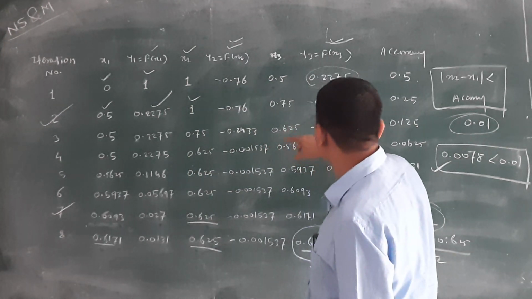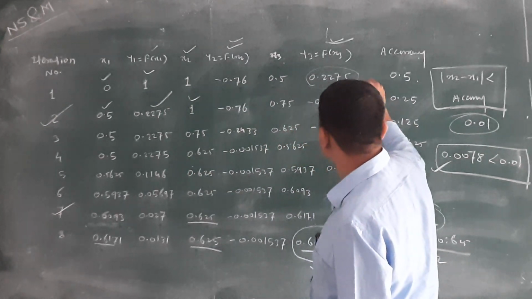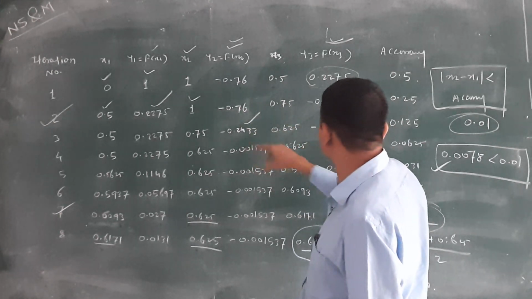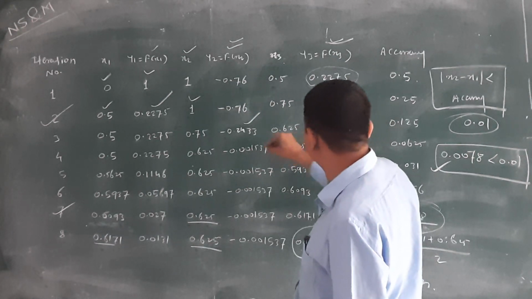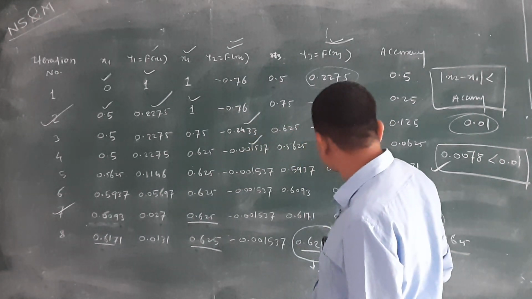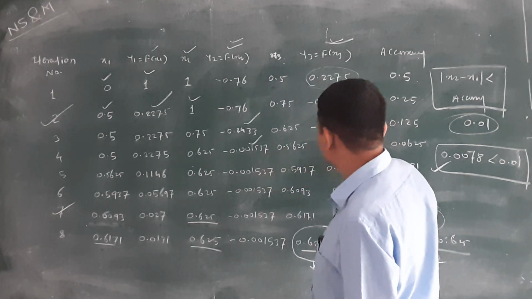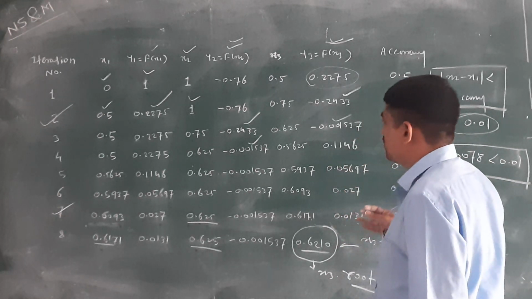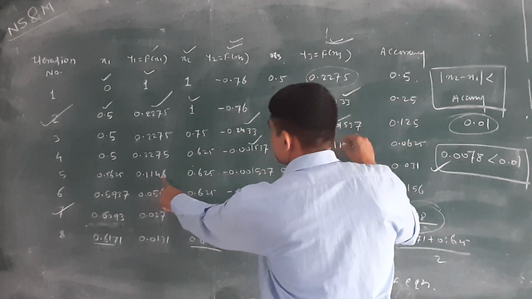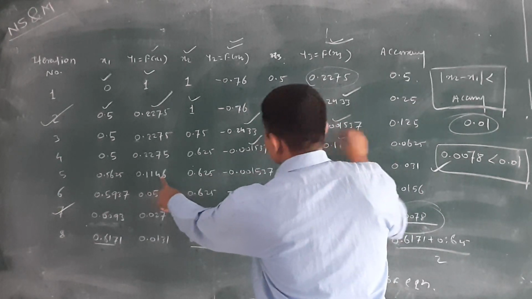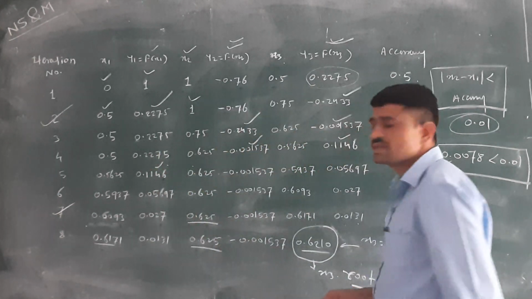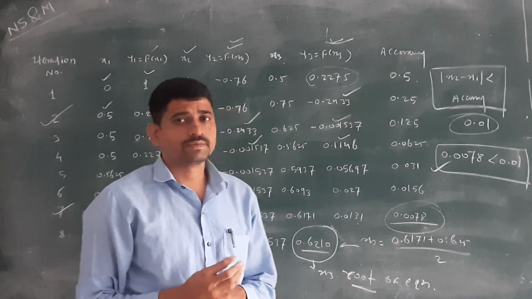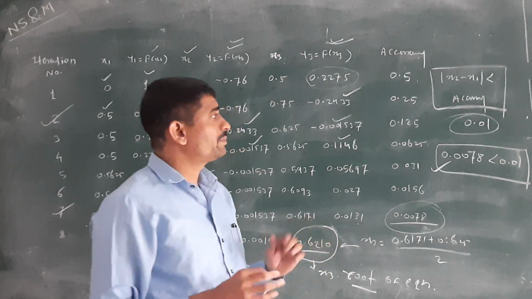In the second and third iteration, check that y3 is equal to y2, because they have the same sign. Again check that y3 is equal to y2. Then you will get a different value, and again this will change in iteration number 5. Here y3 is equal to y1 because it has the same sign as f of x3. Okay, this is step number 4.